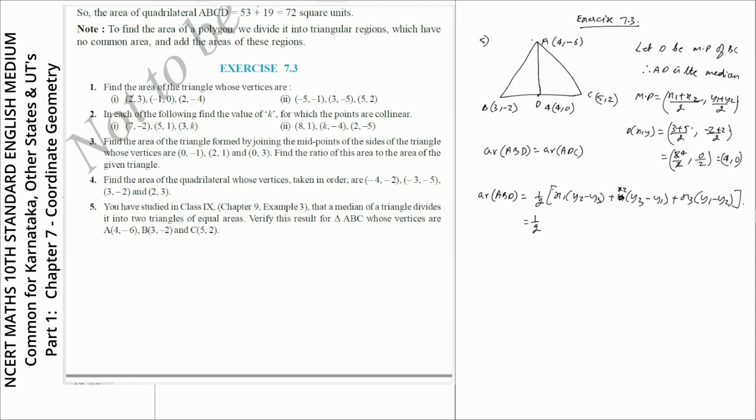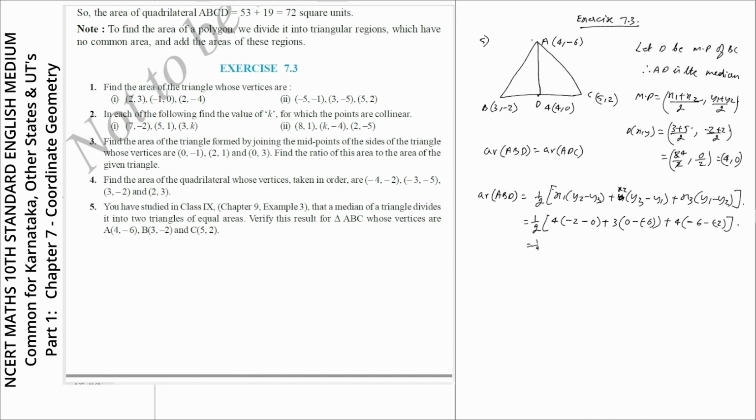So I'll take x1 y1 as A, x2 y2 as B, and x3 y3 as D. So now here x1 is 4. So 4 into (y2 is minus 2, minus of 0) plus x2 is 3, then (y3 minus y1, that is 0 minus of minus 6), plus x3 is 4 into (y1 minus y2, that is minus 6 minus of minus 2).